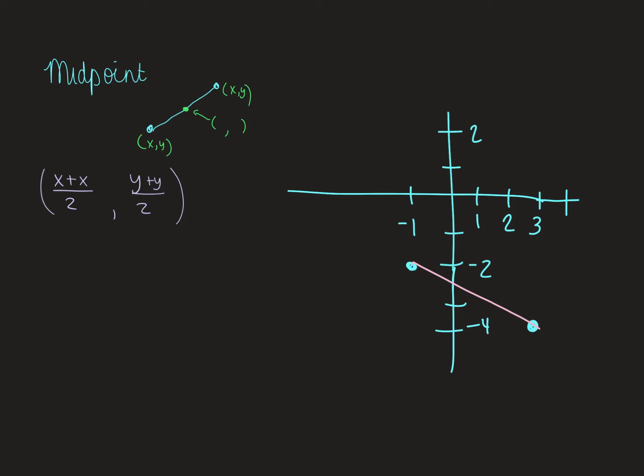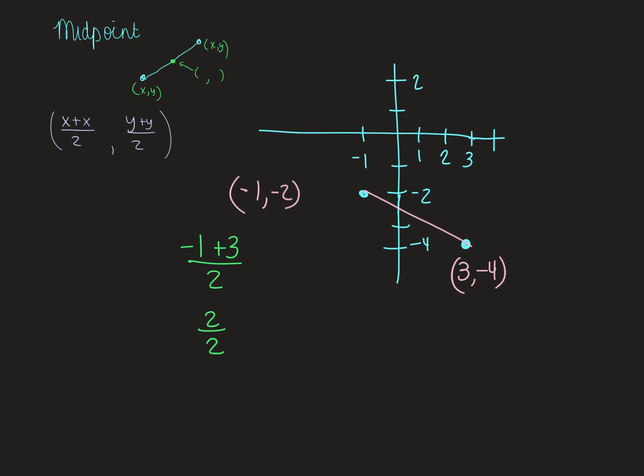All right, let's suppose we had this example. So my first dot is at (-1, -2). My other dot is at (3, -4). We want to find where on this line will the halfway point be, and I'm guessing it's somewhere in here, but we need to do the math to figure it out. So, little mini averages. X plus the other x divided by 2. That becomes 2 over 2, which turns into a 1.